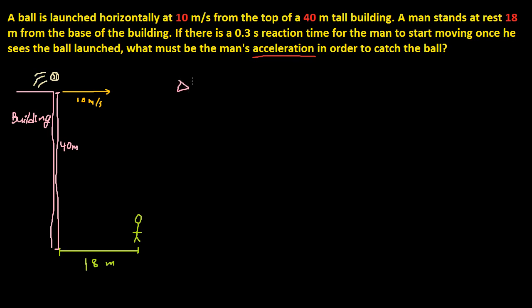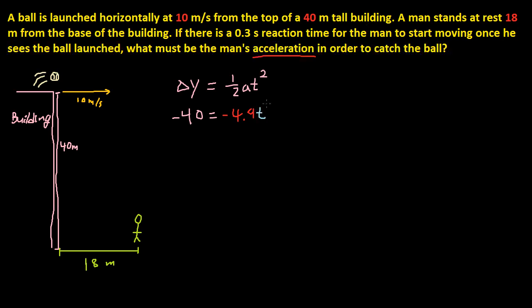Delta y. Well, v naught y is 0, so we're just gonna use 1/2 a t squared. And delta y is negative 40 meters, and 1/2 a is negative 4.9 t squared.